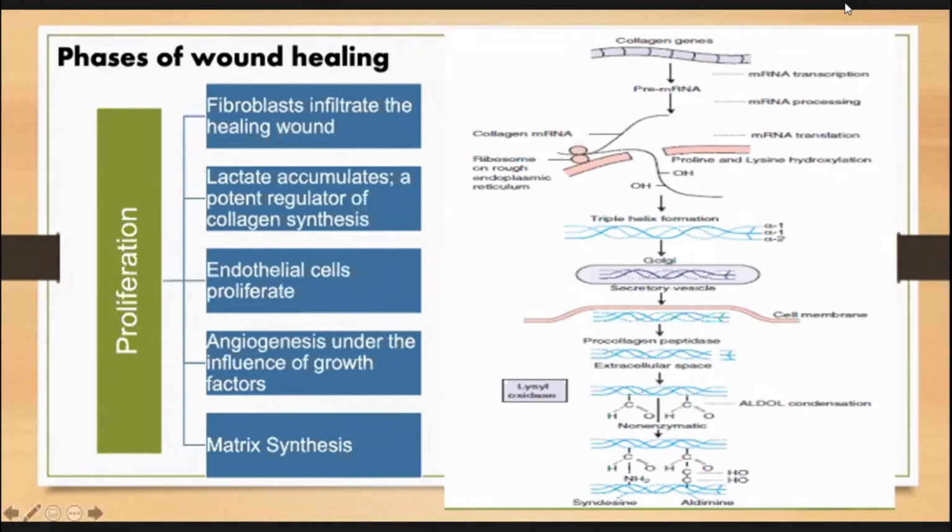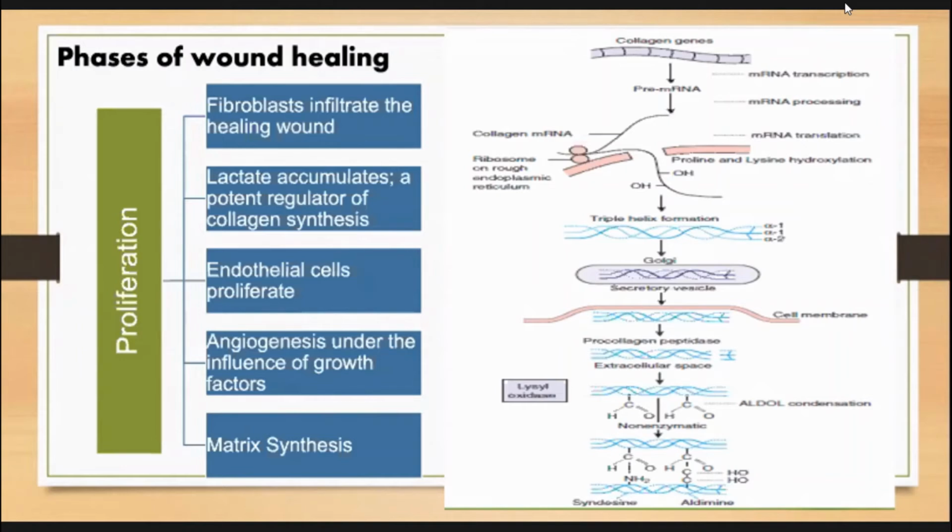Fibroblasts and endothelial cells are the last cell population to infiltrate the healing wound after your T lymphocytes. The strongest chemotactic factor of fibroblasts is PDGF, platelet-derived growth factor. Additionally, lactate, which accumulates in significant amounts in the wound environment over time, is a potential regulator of collagen synthesis.